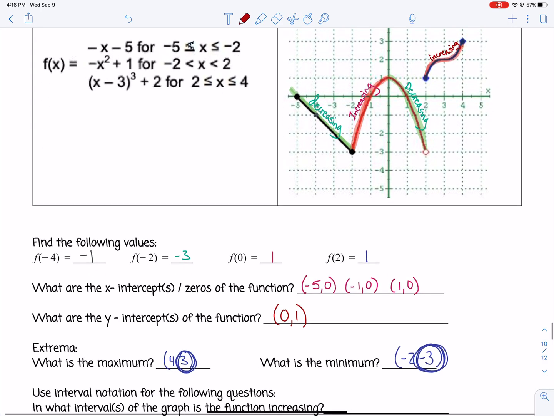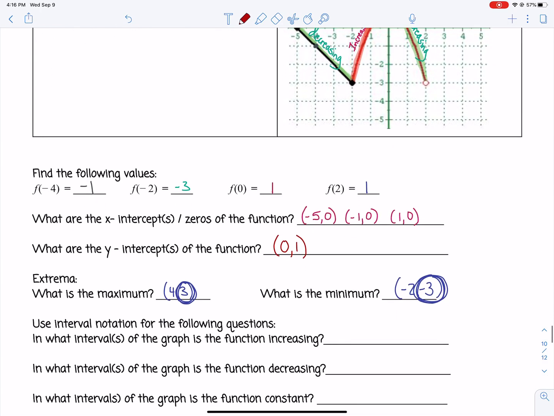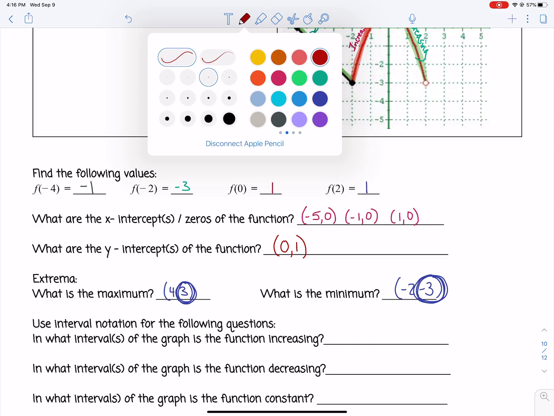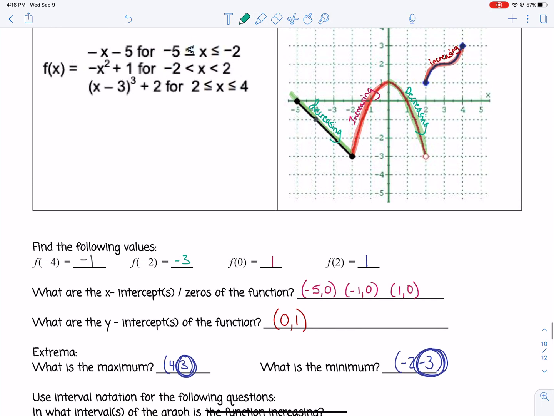Now let's write it down in interval notation. Your intervals are talking about the x values. So in my first interval, I am decreasing from this interval of x values that goes from -5 to -2.